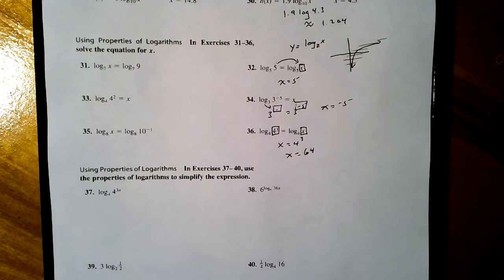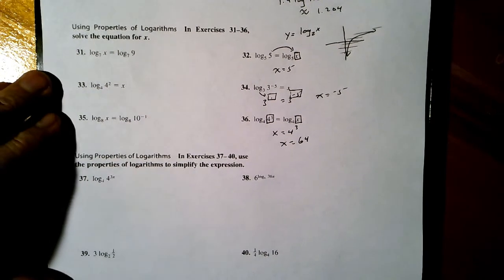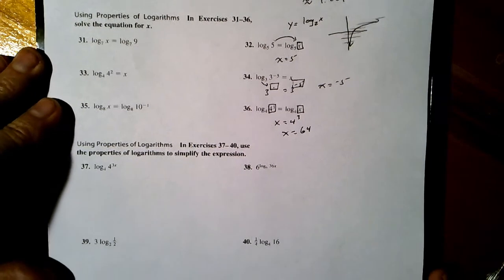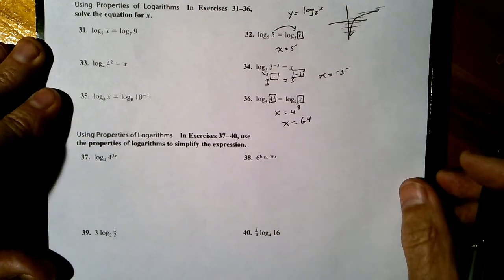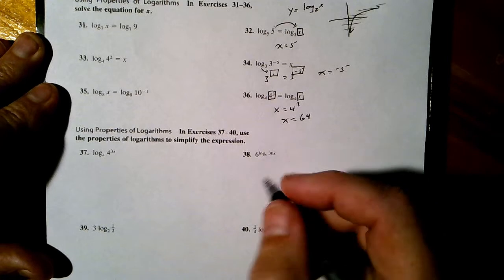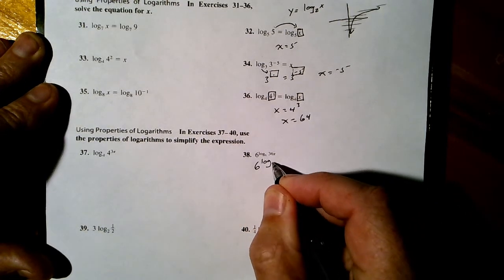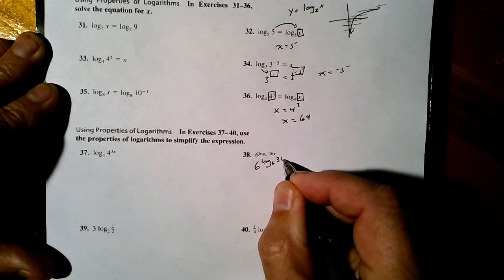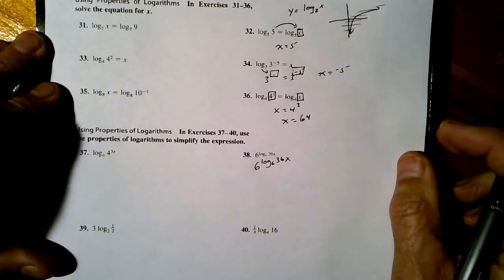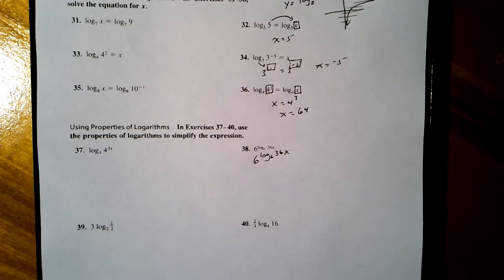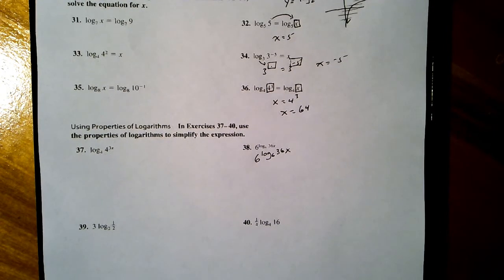All right. And now we're actually going to use the property of the logarithms to simplify the expression here. I'm going to rewrite this one just because it's very, very tiny and tough to see. 6 log base 6 of 36x. Now, once you're really good with logarithms and really have a good understanding of them, this is almost insultingly easy.